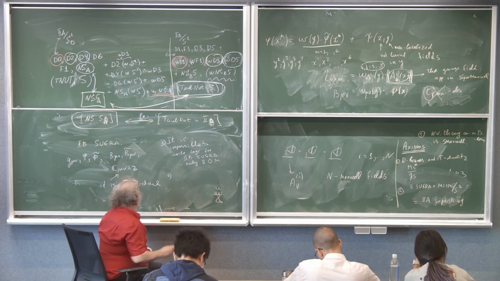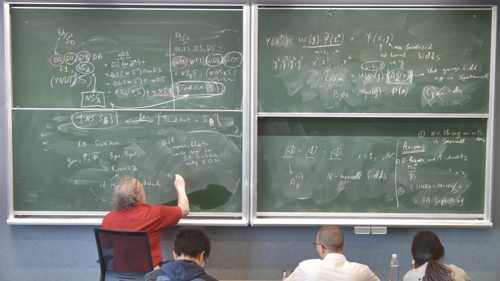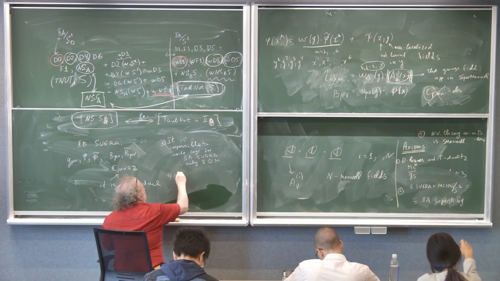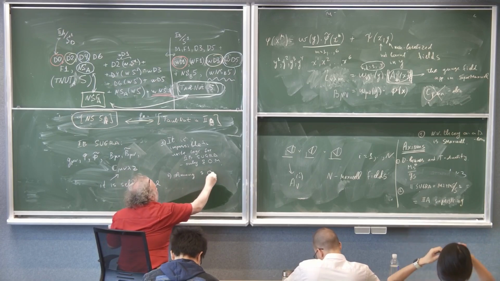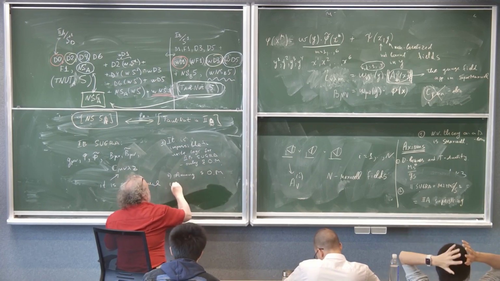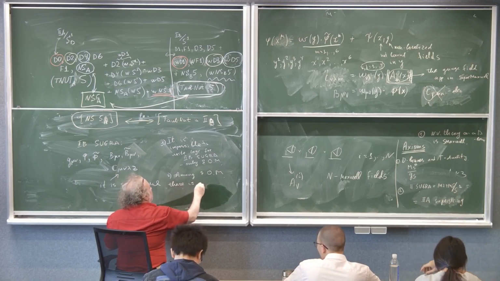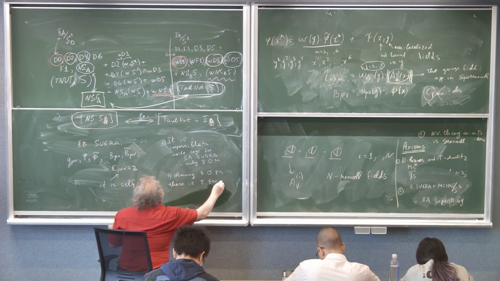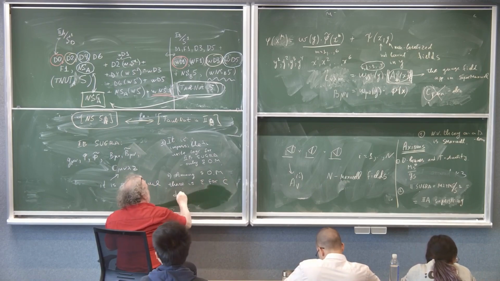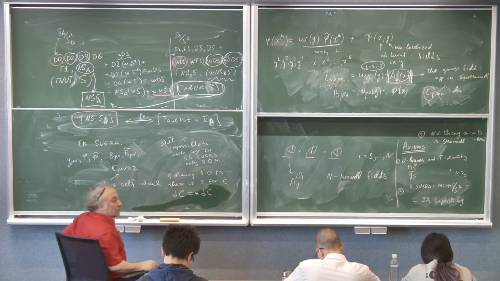Second, among the equations of motion, there is an equation for the C field. It is dC equals star dC. It is called the self-duality equation.